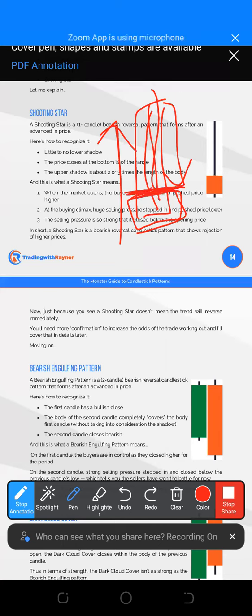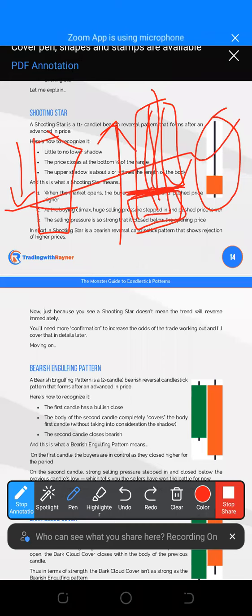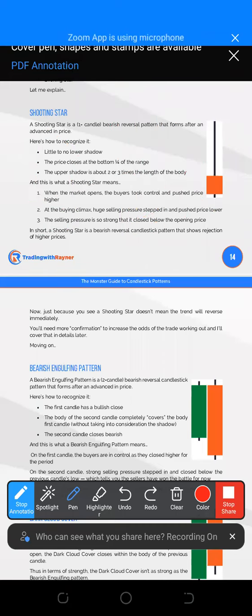It will now turn to something like this. Before, it was something like this. But because the market reversed back up to here, it will turn to this. So that is a shooting star. At the buying climax, huge selling pressure stepped in and pushed price lower.